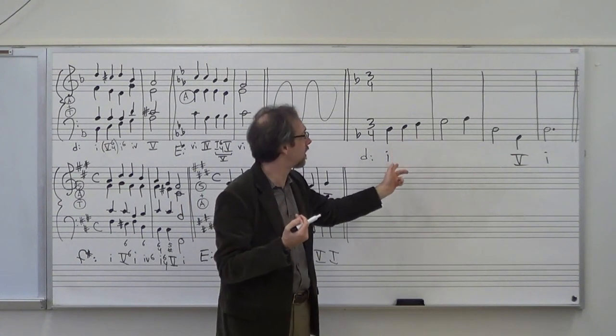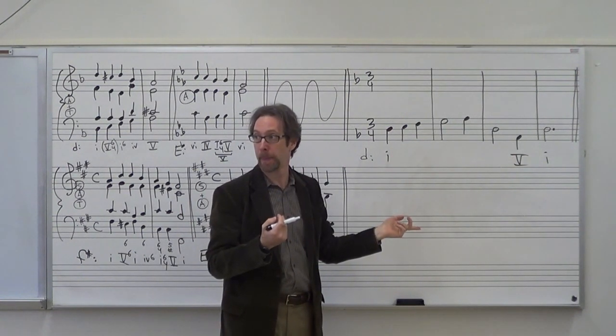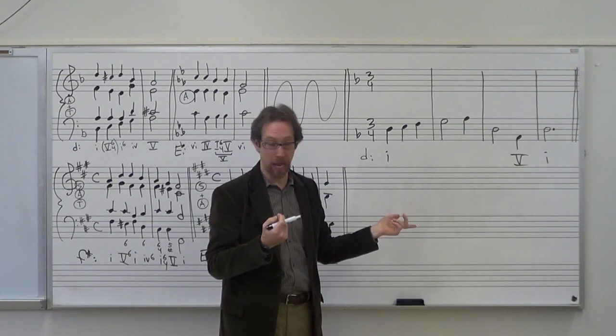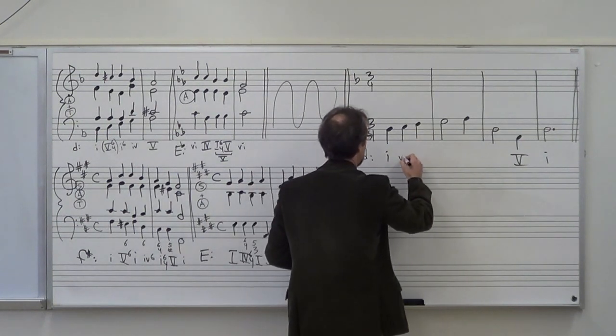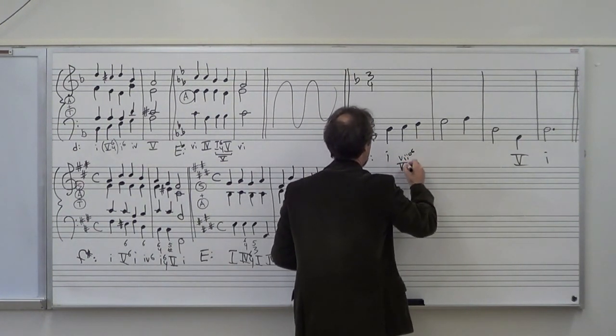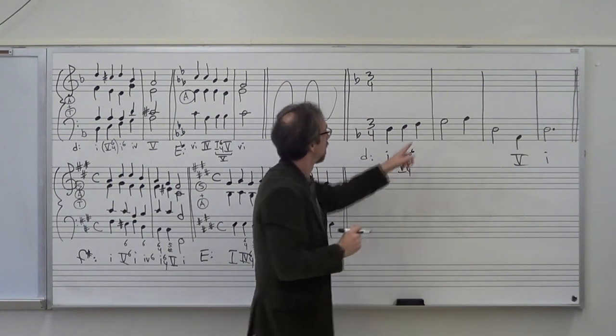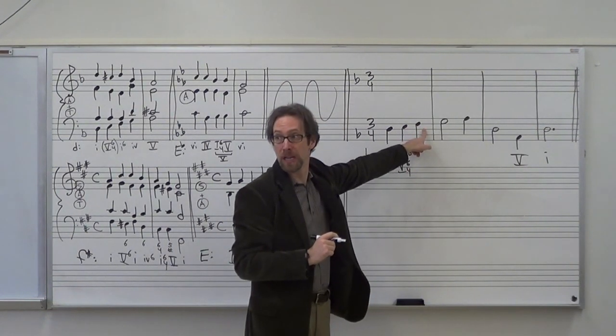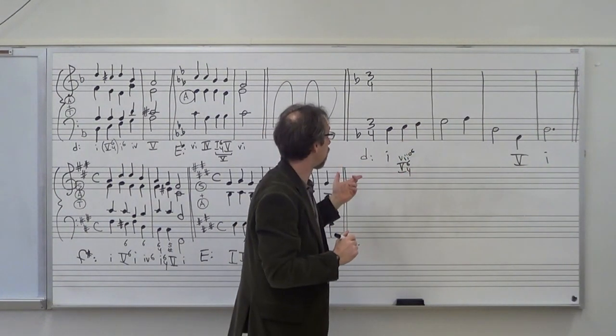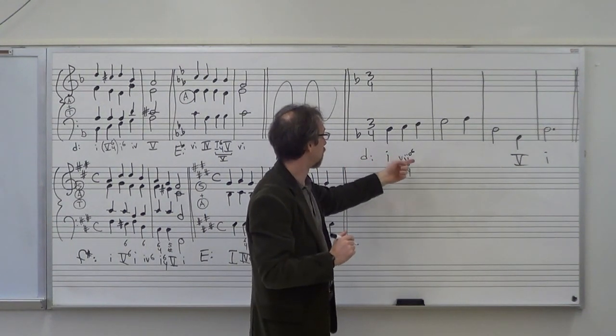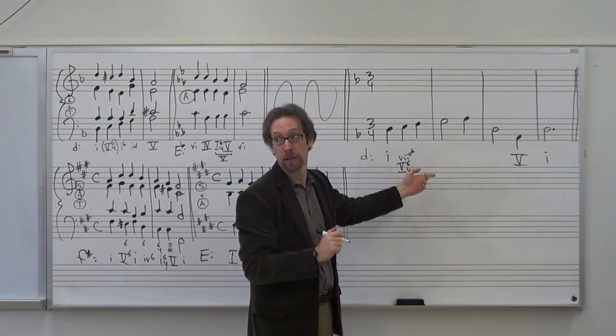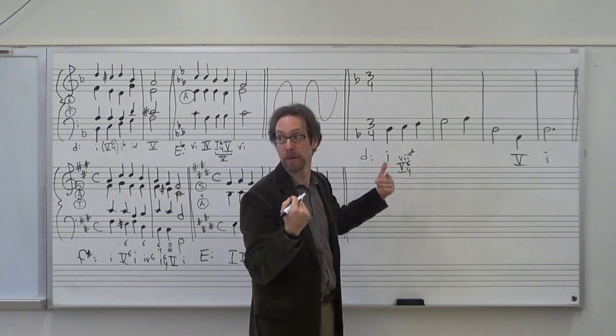Okay. It could be a 5-6-4. So 7 diminished 6 or 5-6-4. This F could be the root of the chord, so it could be a 3 chord. 7 doesn't go to 3, 5-6-4 doesn't go to 3. We eliminate it right off.